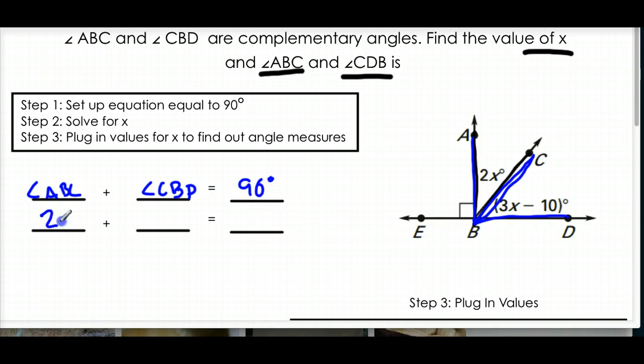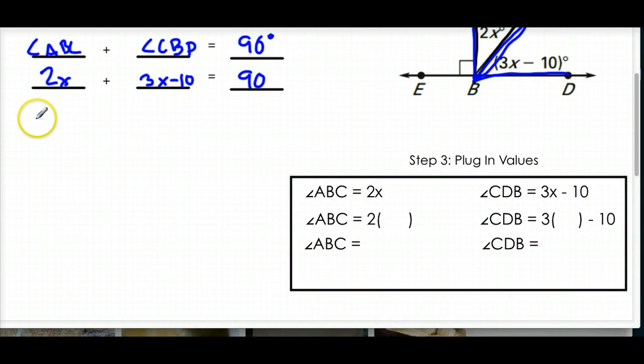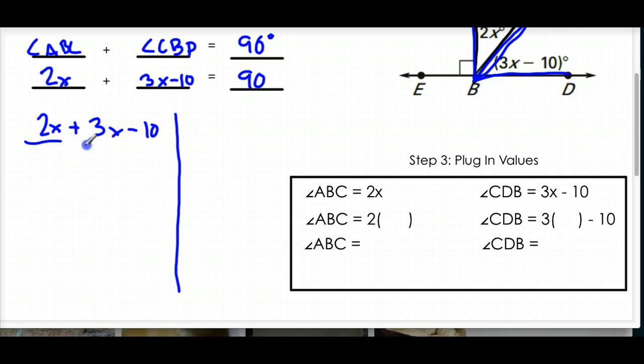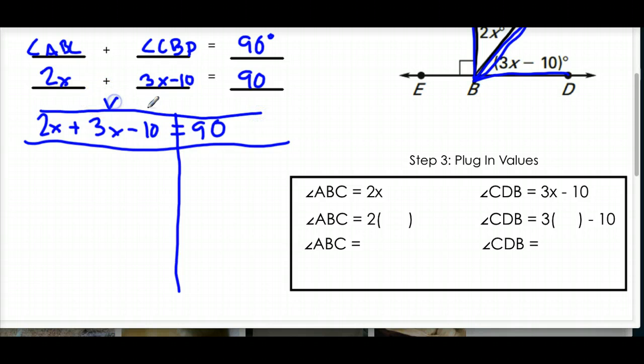ABC is 2x, and CBD is 3x minus 10, and these are equal to 90. All right, now this is kind of a hard algebra problem, so if you want to see how this is done, please watch. Oh, that's my phone. If you know how to do it, please solve on your own. So we bring down this equation. Now on this side, we're going to put our variables. This is going to be our variable side because we got variables there.